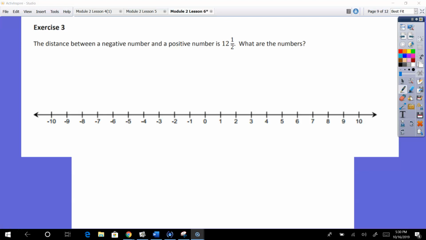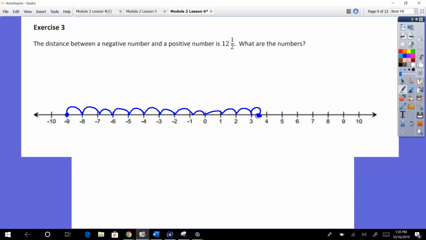Okay, so your answers will probably vary on this one and be different. So let's look at a couple of things. What if we had one endpoint at negative 9? We know it had to be 12.5 as the distance. So we go 1, 2, 3, 4, 5, 6, 7, 8, 9, 10, 11, 12 and a half.